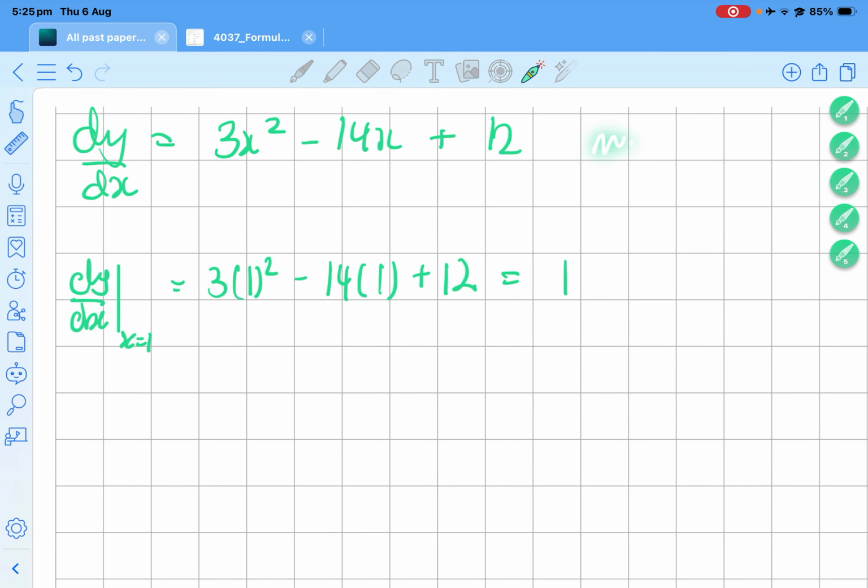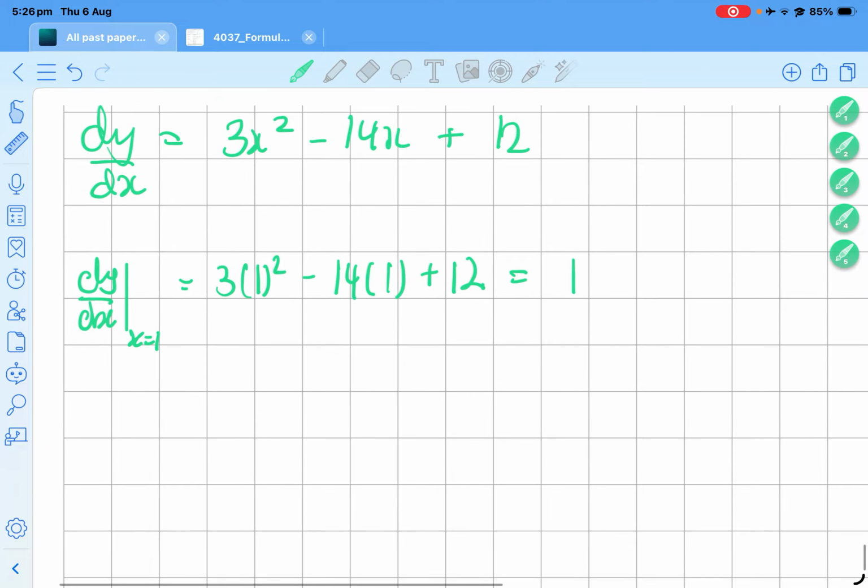So perpendicular, so if this is a tangent, this is the tangent, and this is the normal.